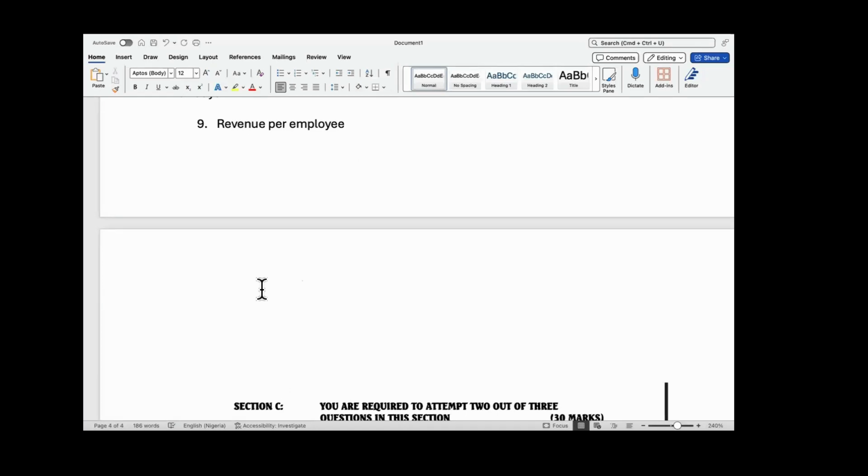Maybe sales and salaries or something like that. So which formula should you use? Revenue per employee. If there's anything like salary accounts there, then over revenue. Can any other person give me some trial? Revenue per employee. Let us look at the question. There's no question. It's revenue per employee.